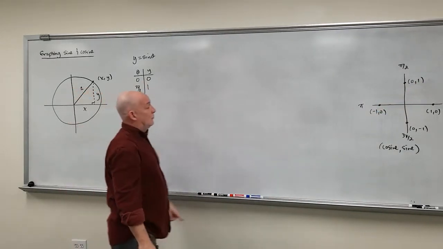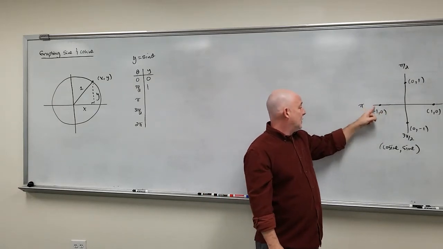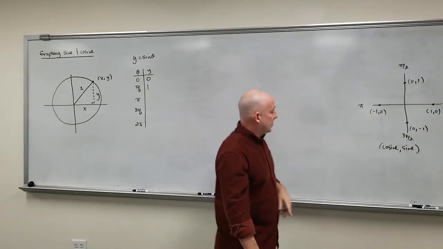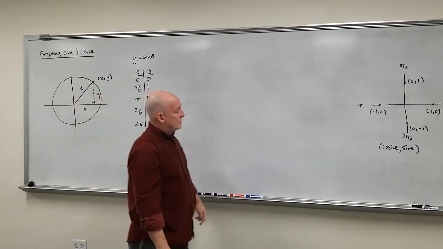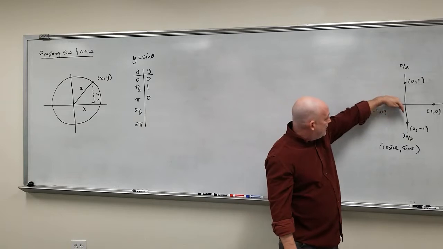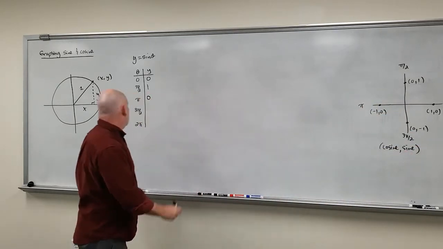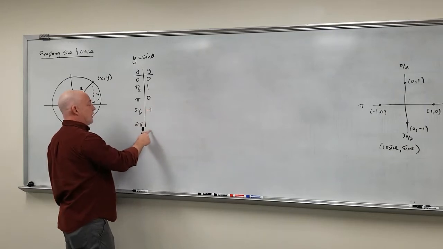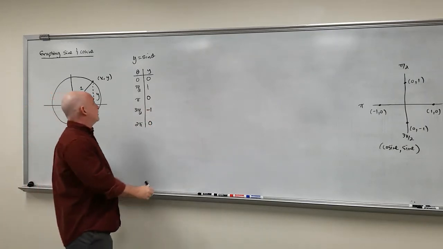As we look down the negative x-axis, towards pi, the y value of that point is 0. At 3 pi over 2, we're looking straight down, the y value of that point would be -1. And then we make it back around to 2 pi, which is going to have the same answer that we started with.